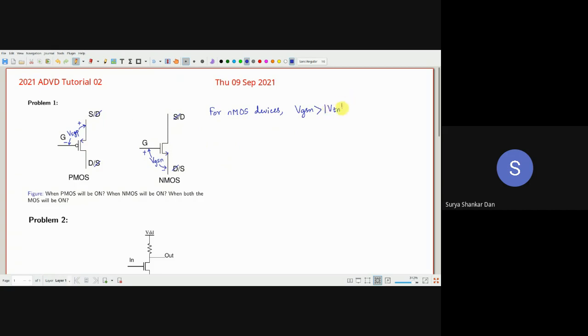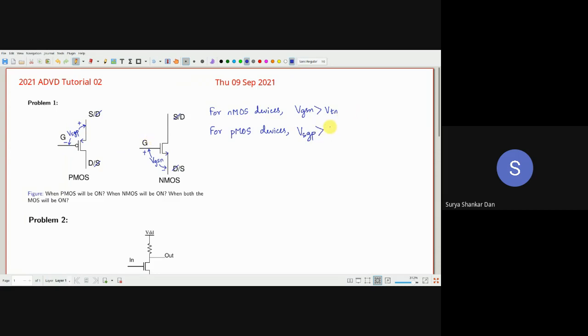In case of an NMOSFET, VT is always positive, so we can use these mod symbols. Whereas for PMOS devices, the positive one is VSGP. That has to be greater than VTP.